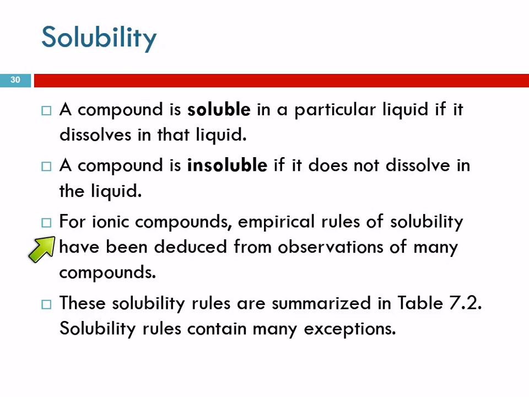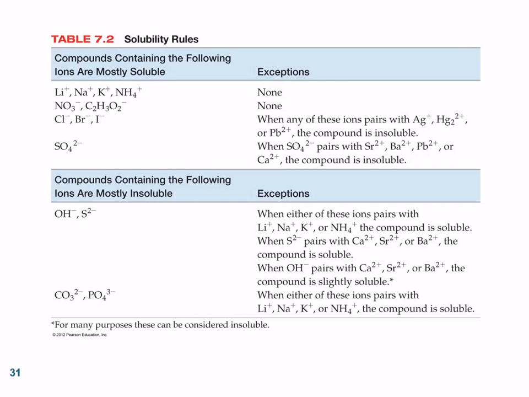So we have some empirical rules of solubility. Empirical, derived from experiment. These are observations. They're useful, but there are exceptions, and the solubility rules are in table 7.2. There are many exceptions to these. So here's the table. Your book also gives a flowchart version.